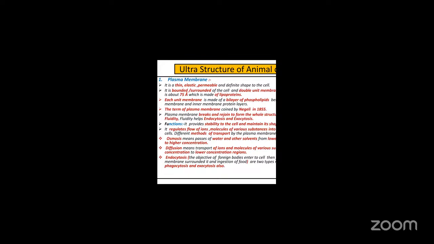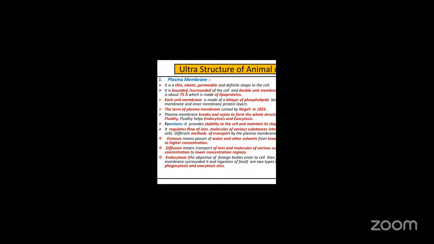The plasma membrane does not give access to all the solutes or salts, but it is permeable only to very little. So we'll see what all these things are. We can say that it is a thin, elastic, as well as permeable membrane, giving a definite shape to the cell.